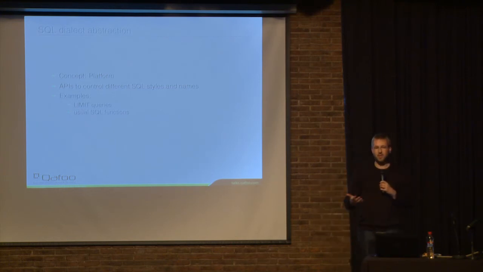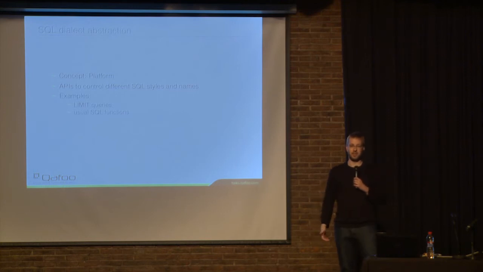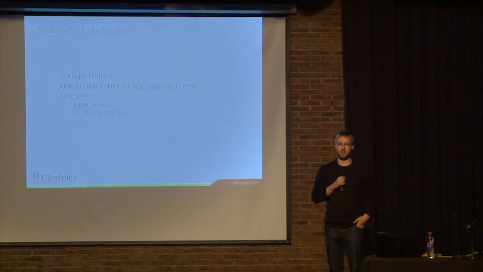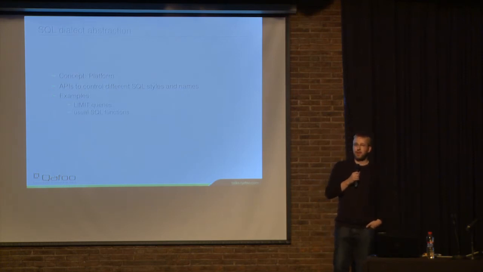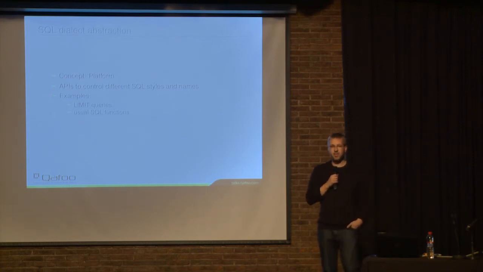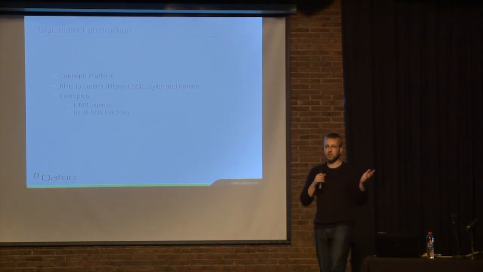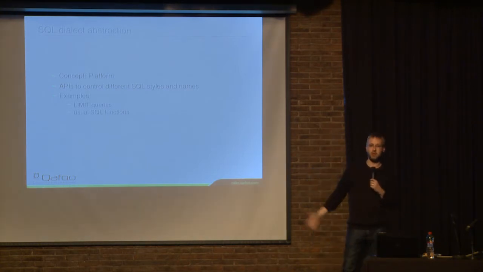The next abstraction level that we need is something that allows us to write the SQL in a way that it works on all the different databases. And the most important functionality that all databases implement differently is the limit statement. MySQL has had the limit statement for ages. You could say select something and then limit it starting at row number 21, and I want to have 20 rows.